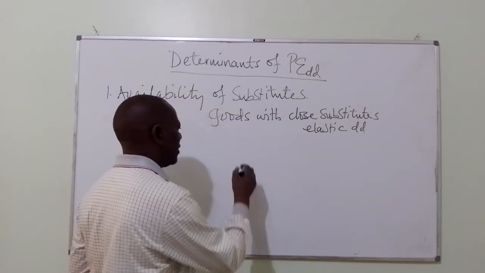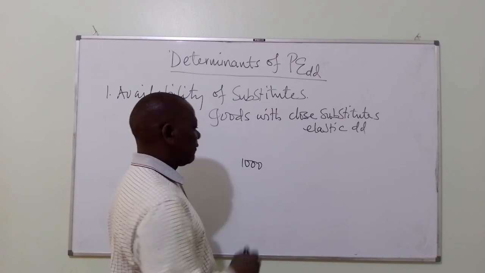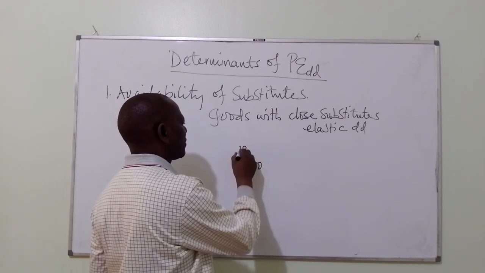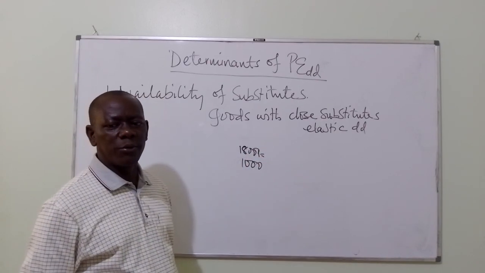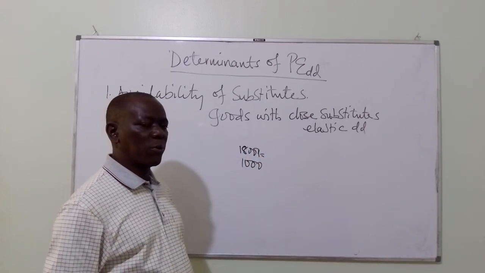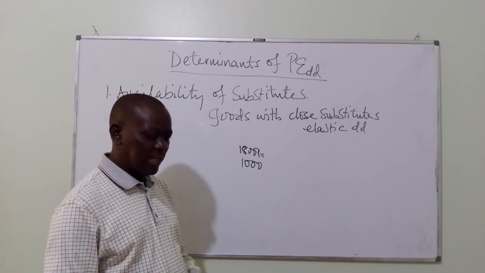Even if you say the unit is 1,000, people still buy. Even if you increase it to 1,800 per unit, people will have to buy it, because this commodity has inelastic demand.